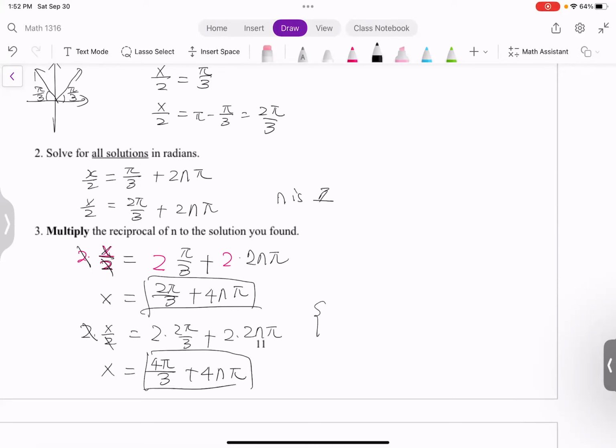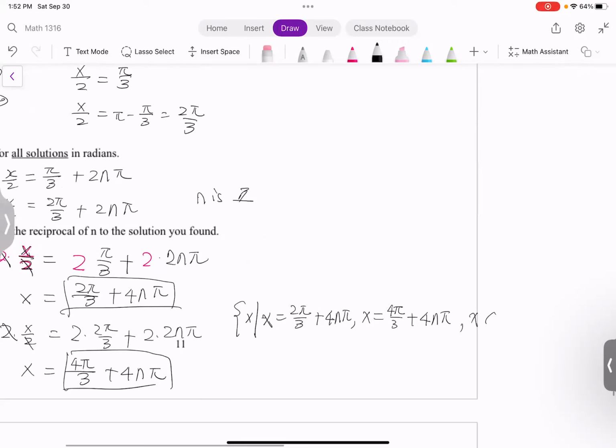I'm having x for all x, such that x equals 2 pi over 3 plus 4n pi, or x equals 4 pi over 3 plus 4n pi, for all integers n.